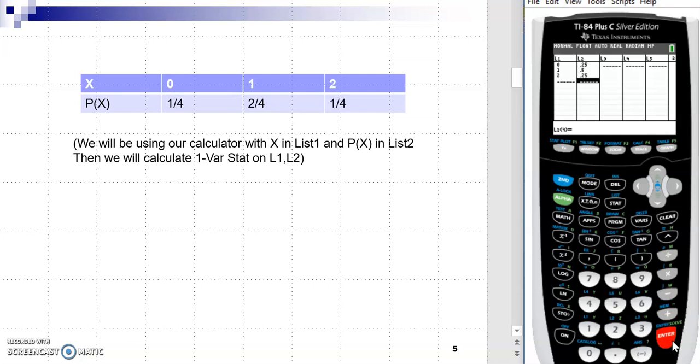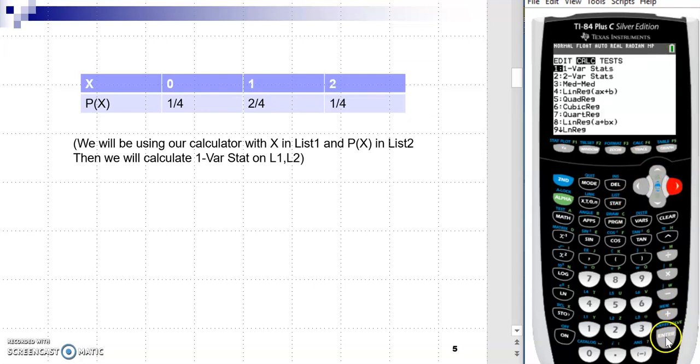So now we're going to calculate the mean, variance, and standard deviation. So to do that, we go to stat, arrow over to calculate, 1 var stat, and we've got to use both list 1 and list 2. So make sure in the list, you've got list 1, frequencies list 2.